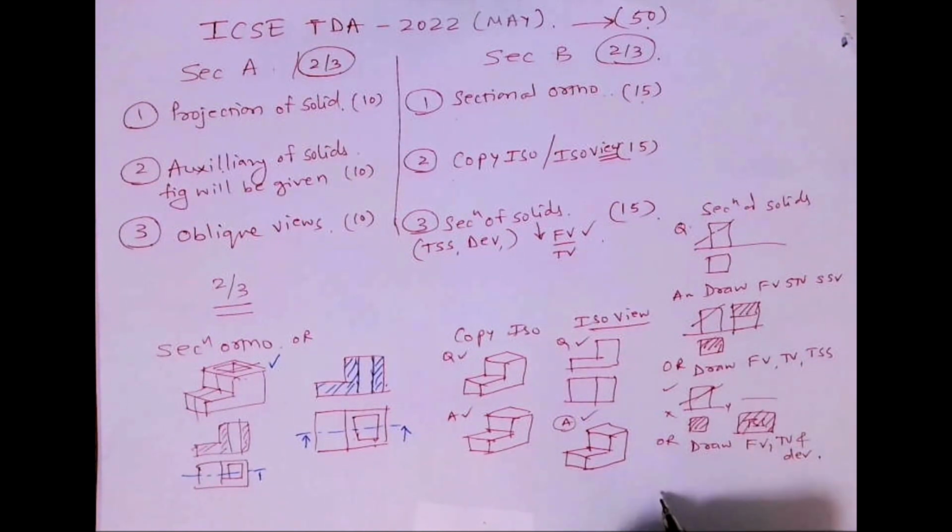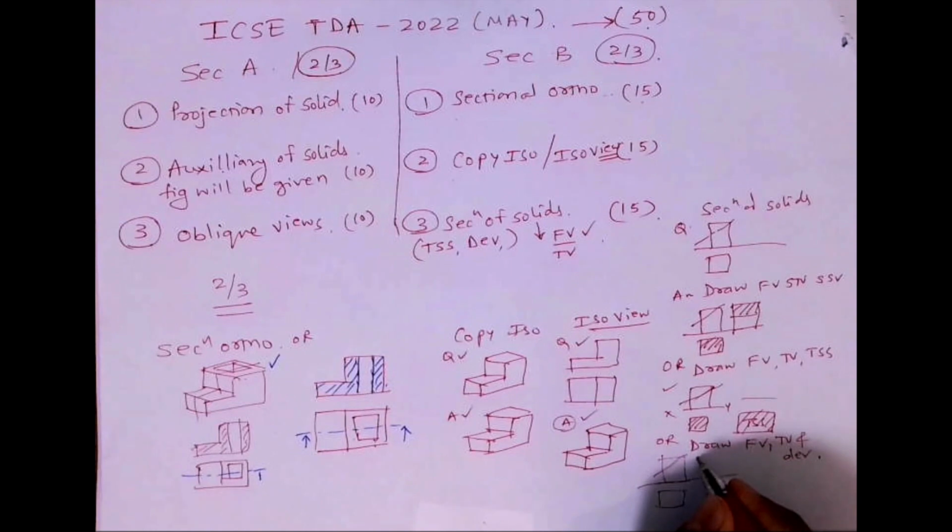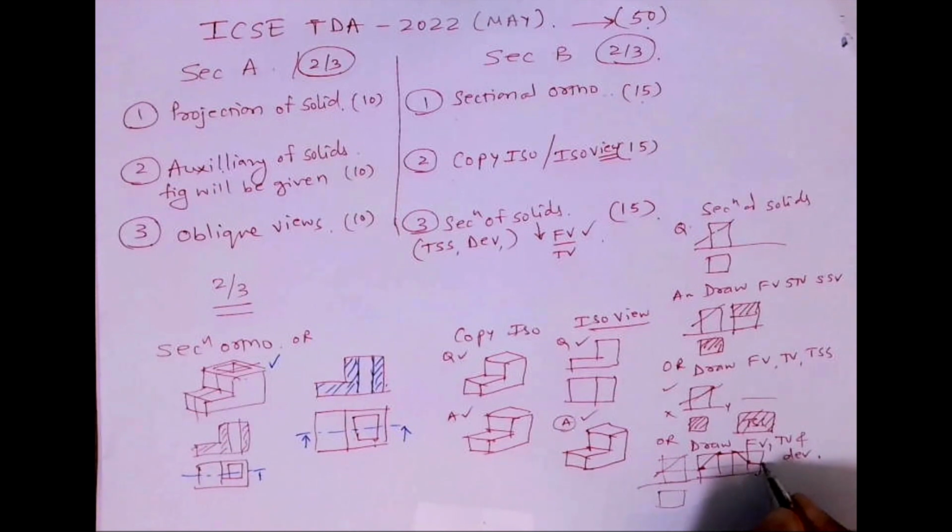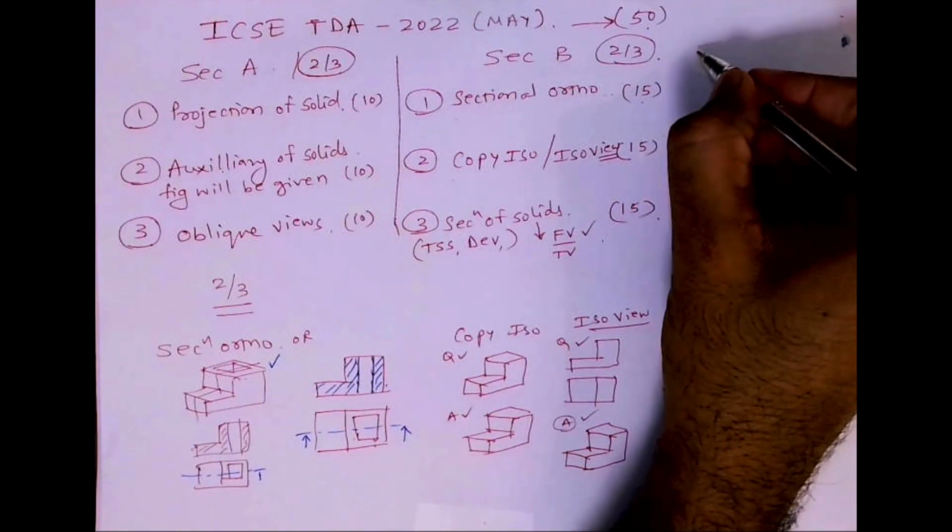So remember one thing, front view and top view will be common in all the sums. In this, we'll draw the development, the cut portion, mark all these points, and this will be hatched. So there are 3 types. Out of these 3, any one can come.